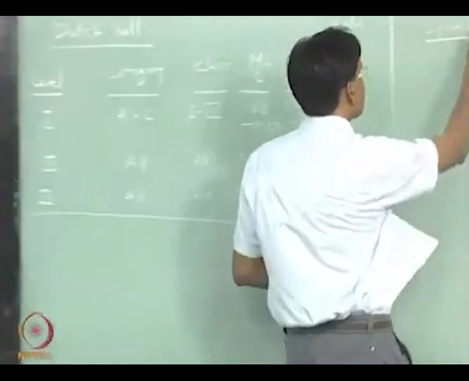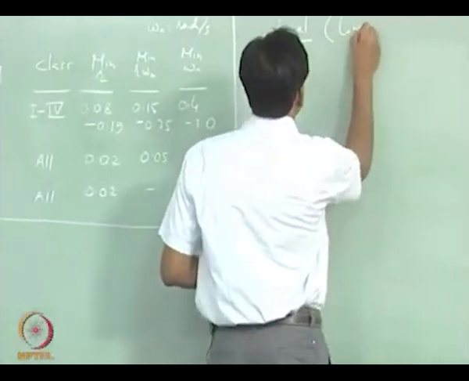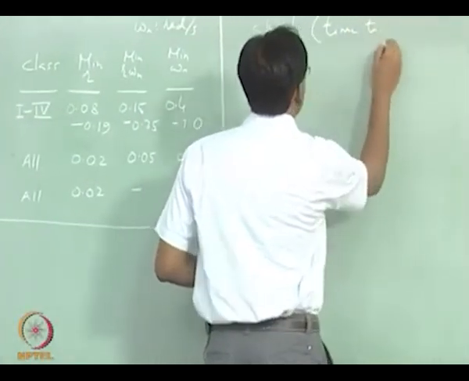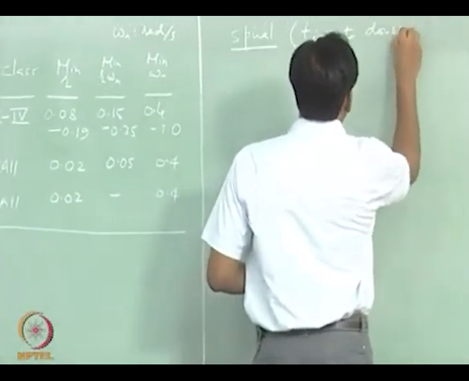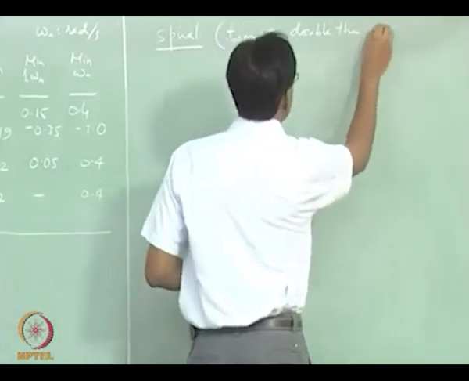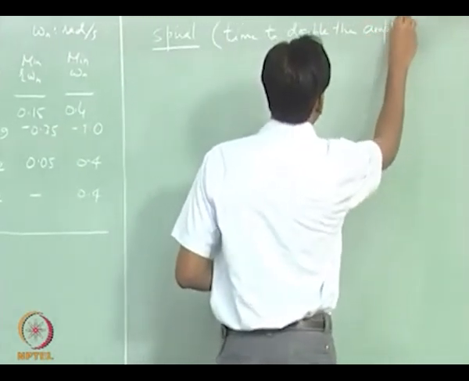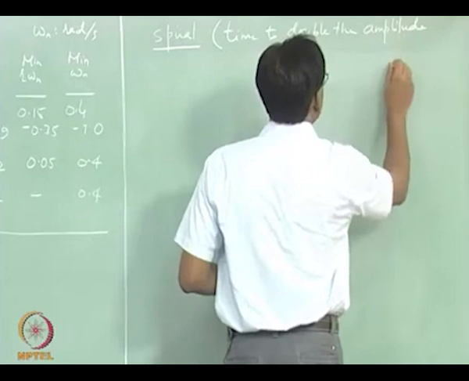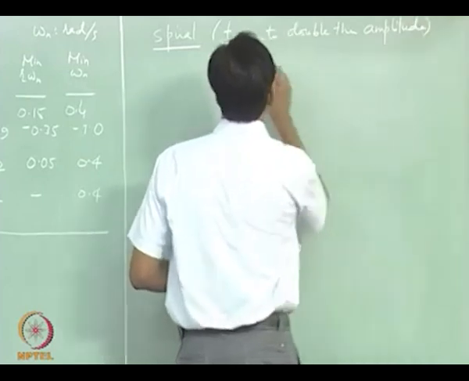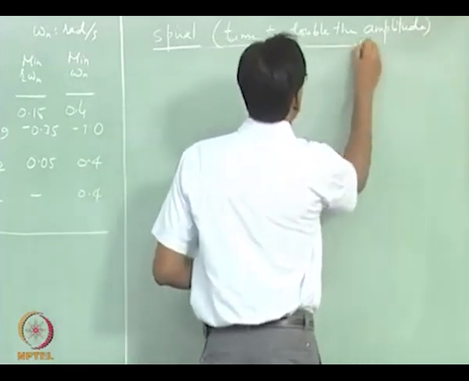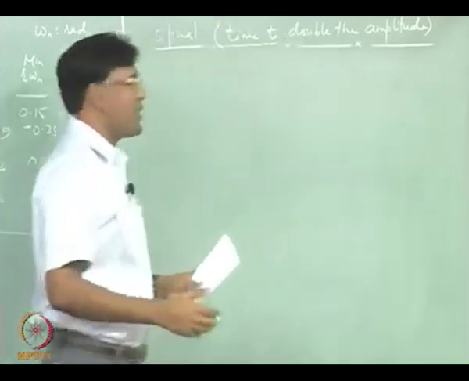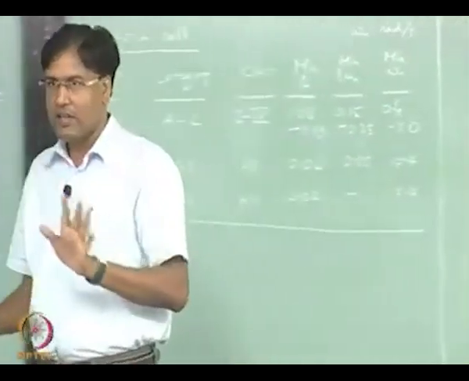So, usually this is specified in terms of time to double the amplitude. So, what it means is that as long as it is stable, there is no problem.